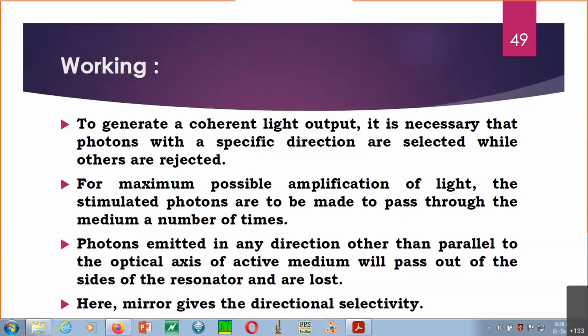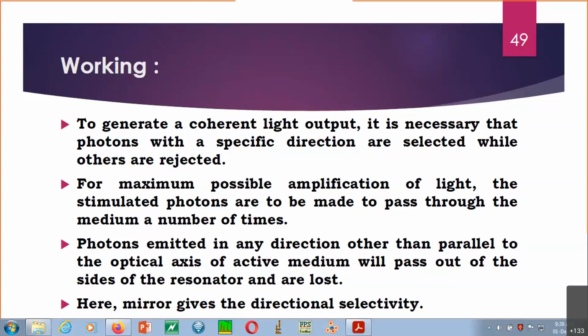Only the photons passing parallel to the optical axis of the active medium have to be kept inside the optical resonator. Other photons which are emitted randomly and do not comply with this specific direction need to be rejected. Spontaneous photons which are not in line with the optical axis are going to be discarded.